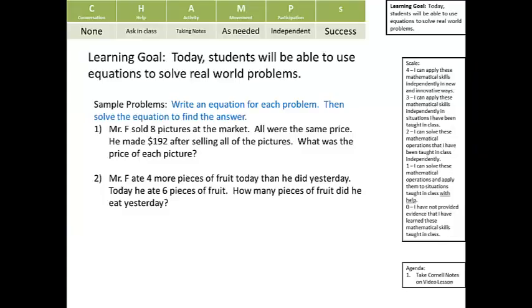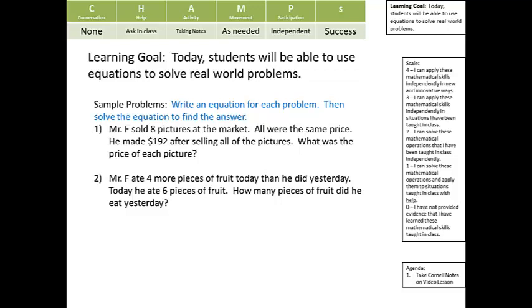Alright, so let's look at our second sample problem. In this sample problem, Mr. F ate 4 more pieces of fruit today than he did yesterday. Today he ate 6 pieces of fruit, and we want to know how many pieces of fruit did he eat yesterday.